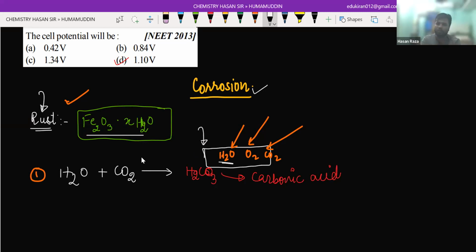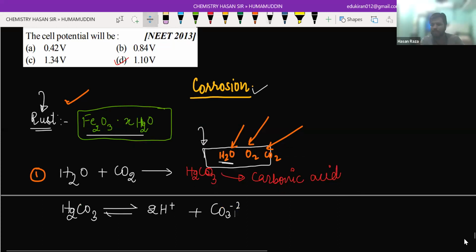In the first step, H2O will react with CO2 to form H2CO3, an acid known as carbonic acid. This carbonic acid is your electrolyte, so it will exist as 2H plus and CO3 minus. So in the first step, this will take place.